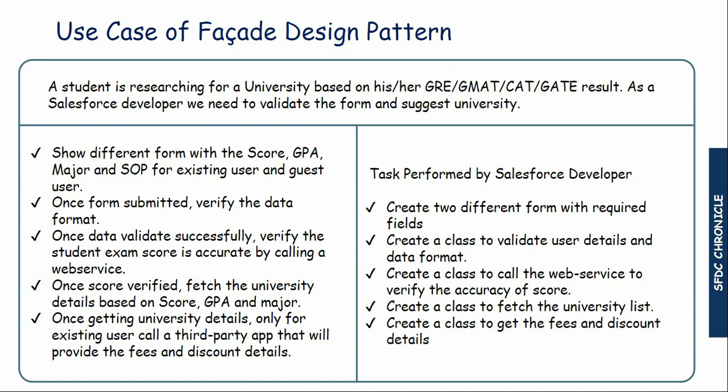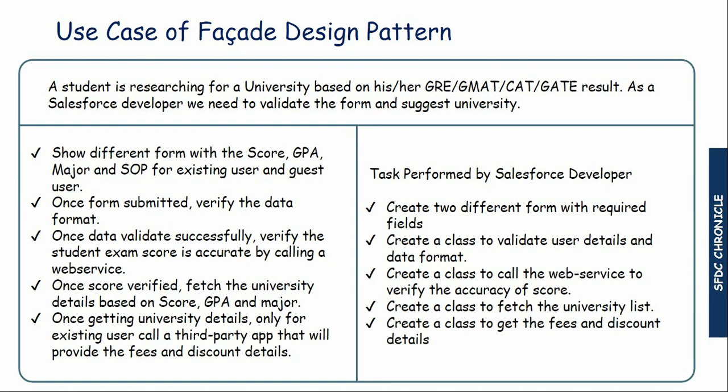We need to show different forms for existing users and guest users so that we can collect the score, the GPA, the major, and the SOP of the user or student.